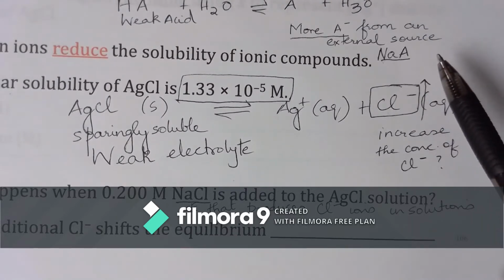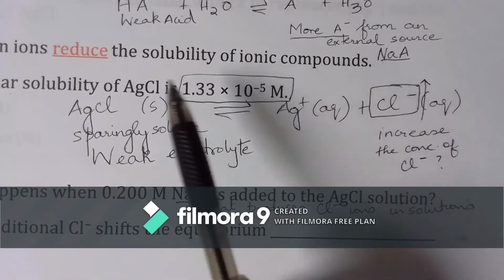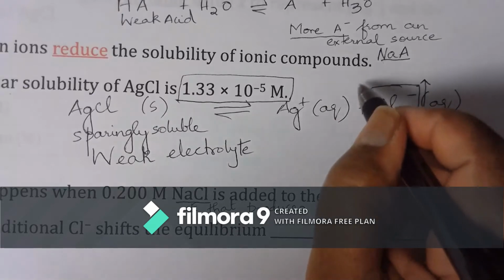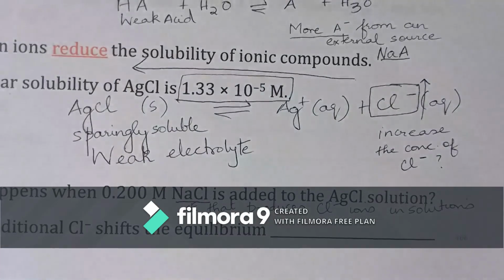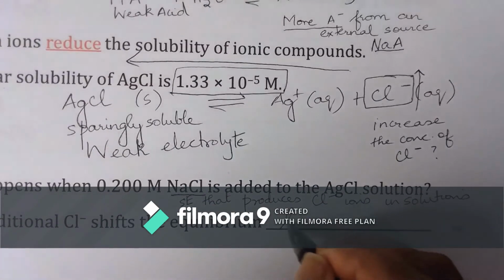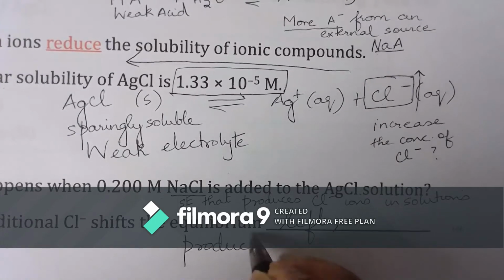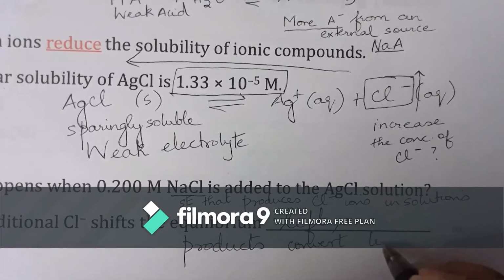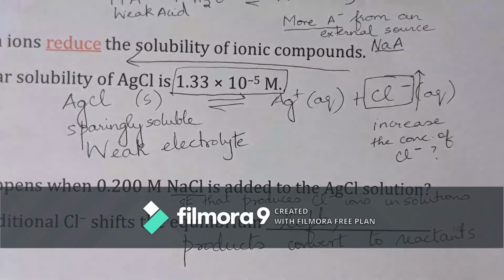So your Q, remember, Q is going to increase, and therefore to make Q equal to Ksp, remember all that, it's going to shift the equilibrium to the left. Shifts the equilibrium to the left, and products convert to reactants. All right, products convert to reactants. Does it make more sense?